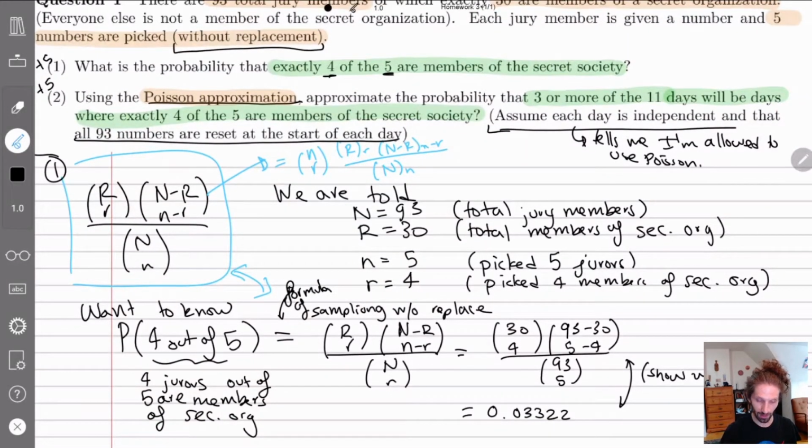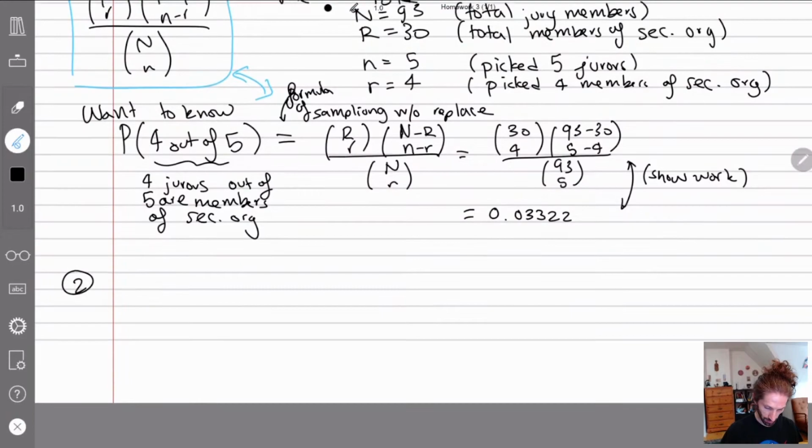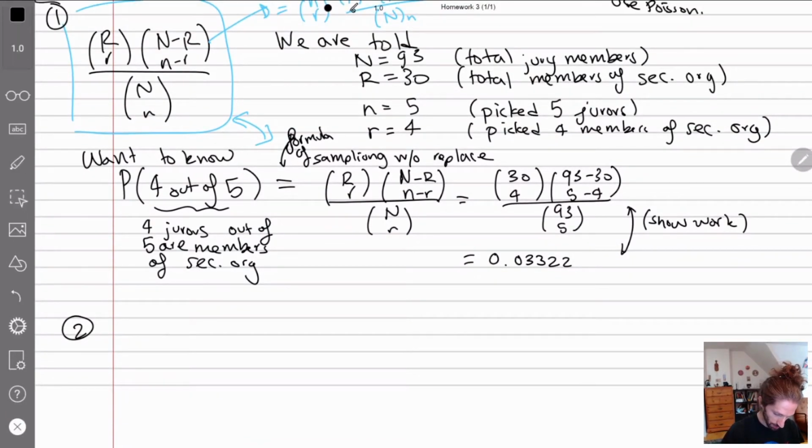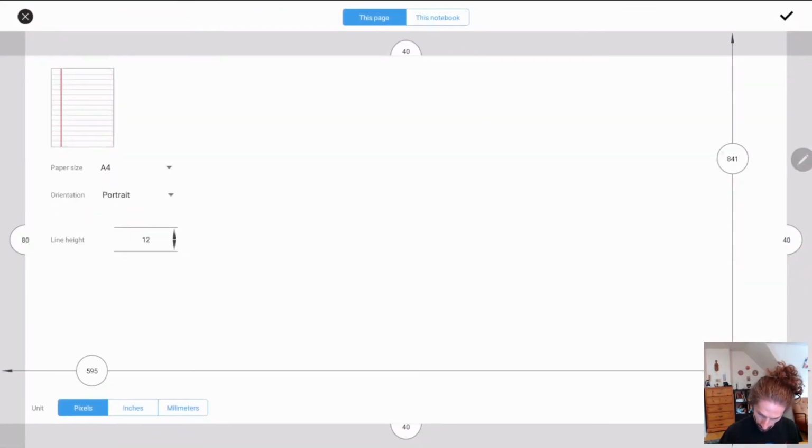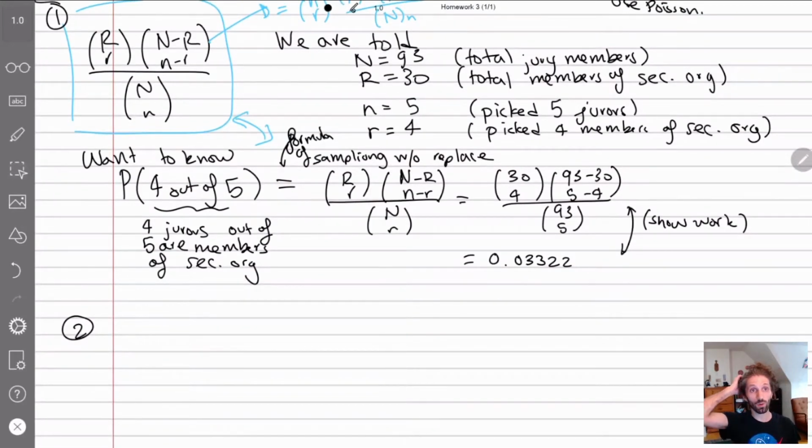The big thing here is trying to figure out 3 or more out of the 11 days. First, let me add a 1 here. What we're going to want to do is calculate where this is coming from. So let D be 11, the number of days.